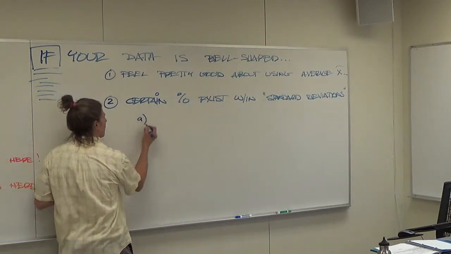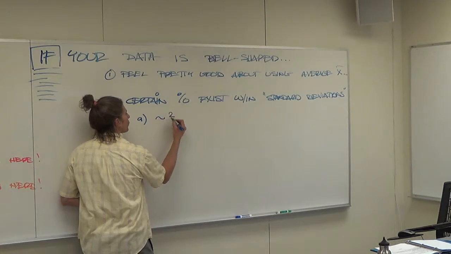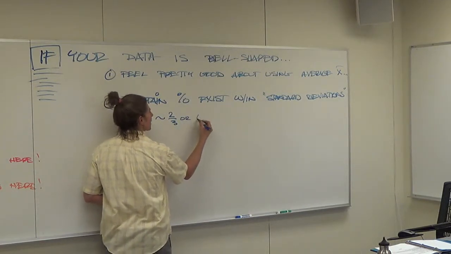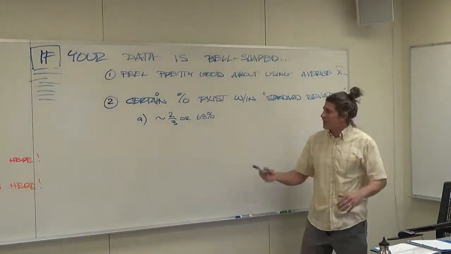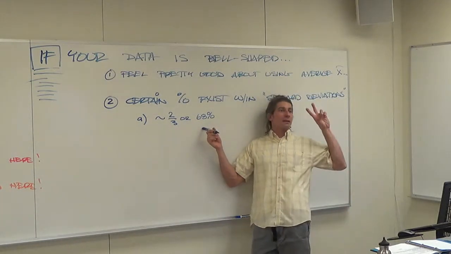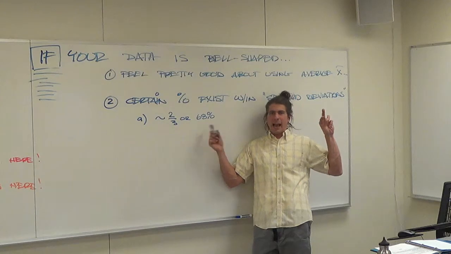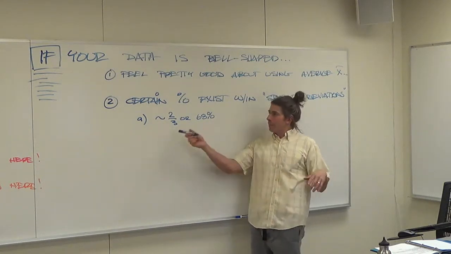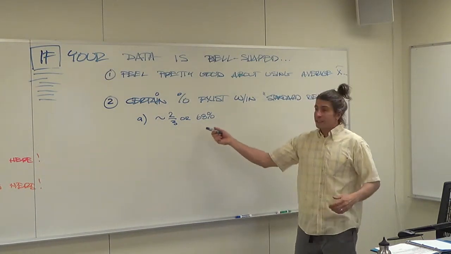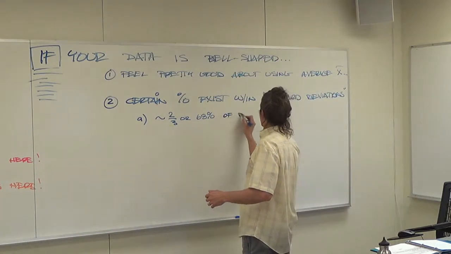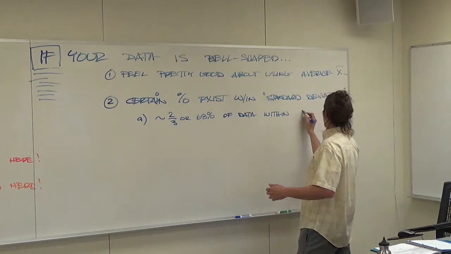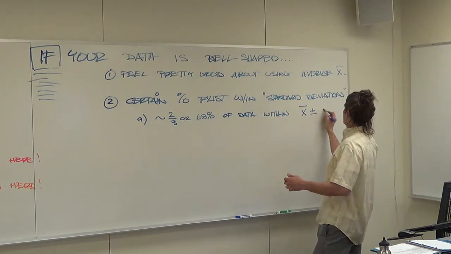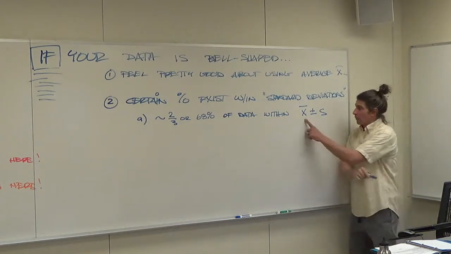A, about 2/3, or I think the number that's used very often is 68%. I mean, they're close. I think 68 is probably closer to the literal truth of what is actually in a perfect bell curve, but I think 2/3 is easier to remember. Or 68% of the data is within 1 standard deviation of the average.